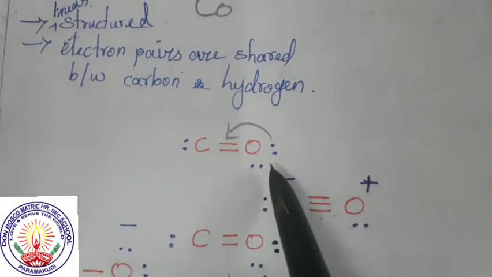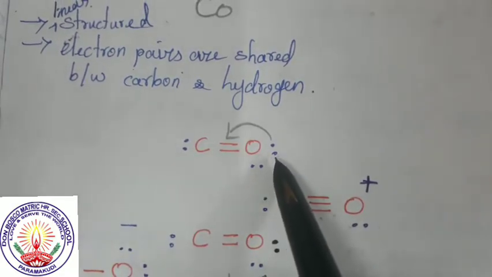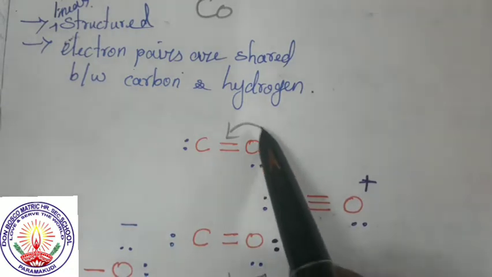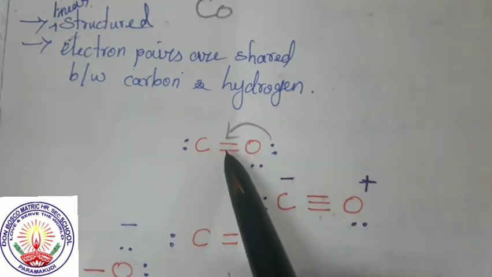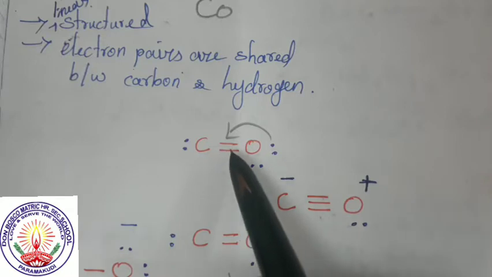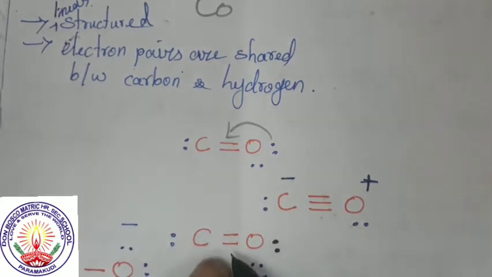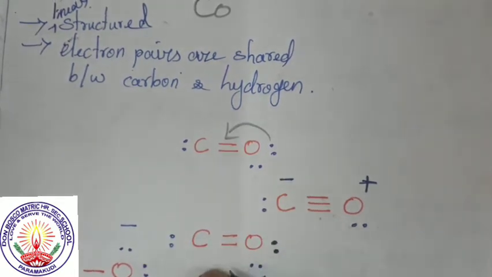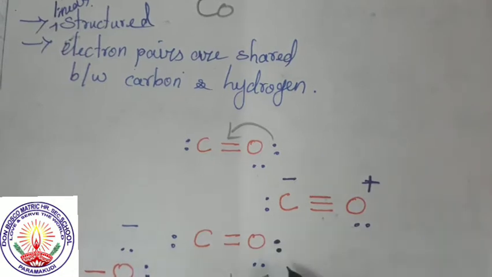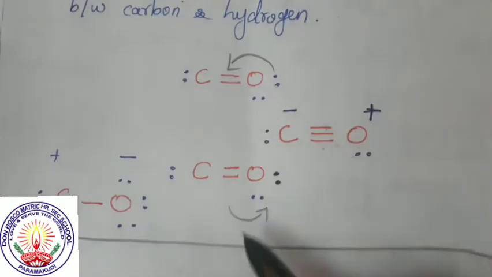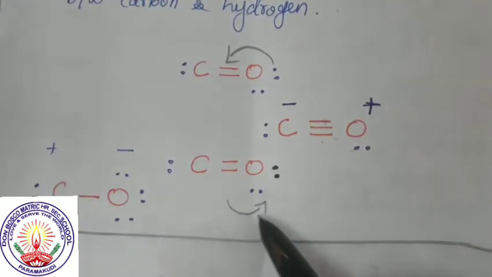Okay. Now once this electron pair shares its electron for bonding, on the other hand, this oxygen receives electrons.